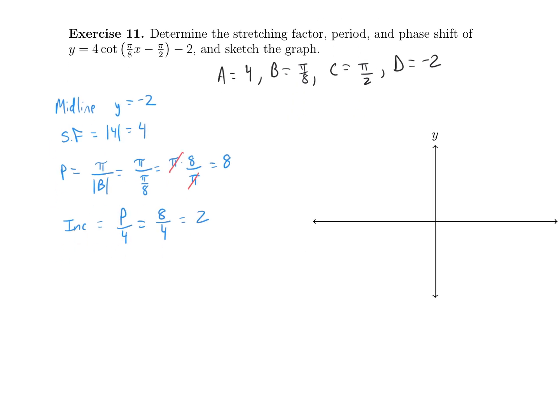Okay, and finally, the phase shift is going to be C over B. So it's going to be pi/2 over pi/8, which is pi/2 times 8/pi, which is 4.